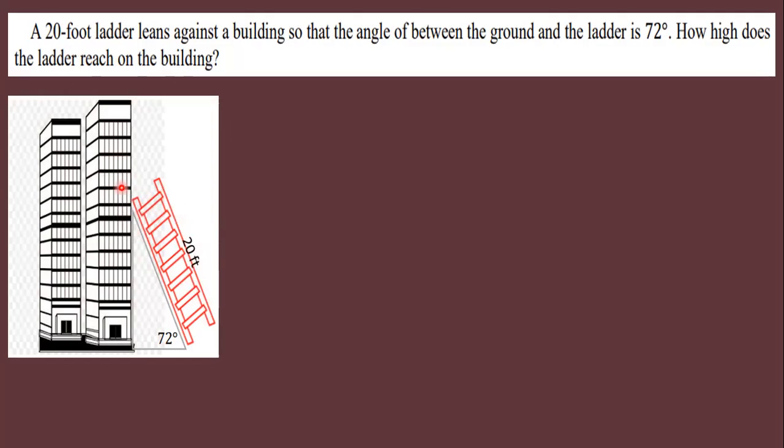It leans against a building so that the angle between the ladder and the ground is 72 degrees. The question is, how high does the ladder reach on the building? We're not looking for the height of the building, but the height from the ground to the ladder.